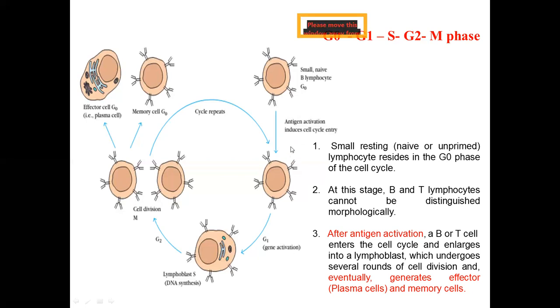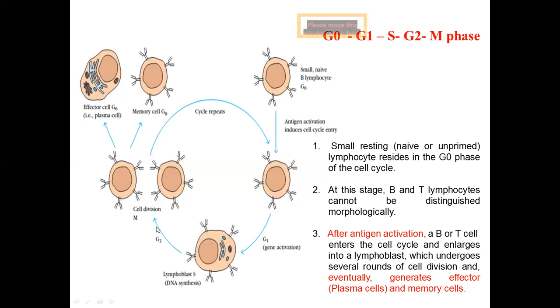The activated B cell enters the G1 phase, where it prepares for DNA replication, transcription, and translation, and enters the S phase where DNA replication takes place, and then the G2 phase where the mRNA, tRNA, RNA synthesis takes place, and finally the cell is ready for cell division and enters the M phase, the mitotic phase.